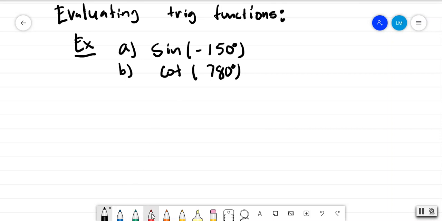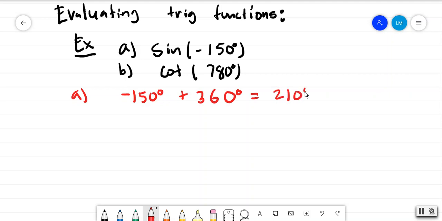So with part A, let's just work this out. Whether you want to draw it or not, we'll see first. Negative 150 is less than 0, so we know that we have to add 360 to figure out what that's coterminal to first. That's actually 210, isn't it? Yeah, so that's 210. And from there, we already know that 210 terminates in the third quadrant.